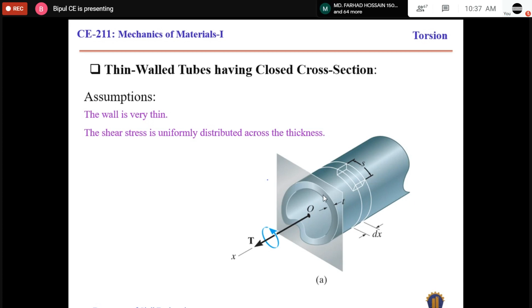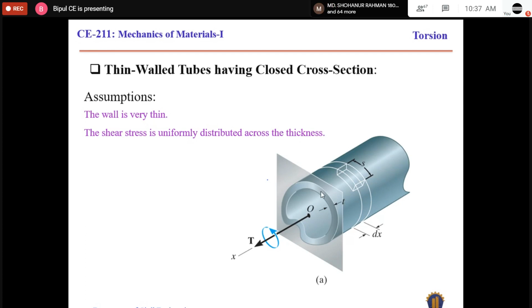But from the hollow circular shaft, we have seen that for a circular cross-sectional area, the stress depends on the distance of the point from the axis of rotation. So from that consideration, shear stress will be small at the inner surface and greater at the outer surface.